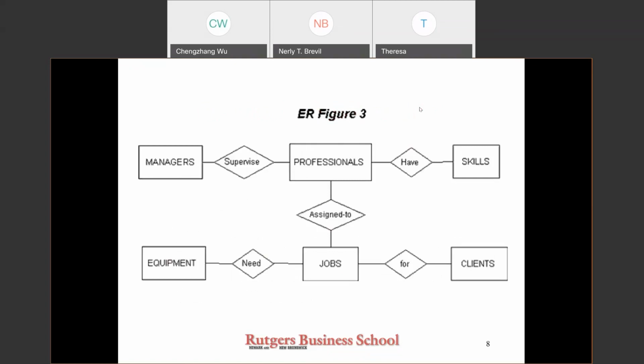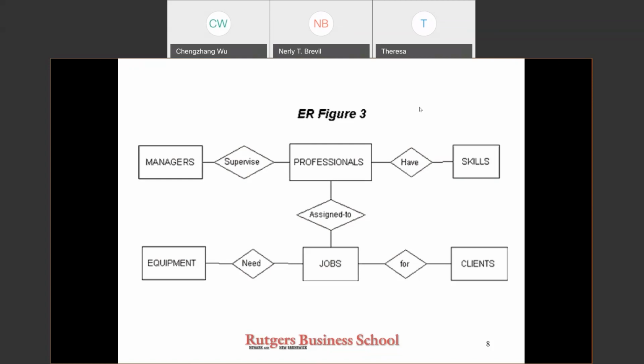And now let's expand this example business scenario further. The analyst determines three more things to be recorded. 1. Jobs are performed for clients. 2. Professionals are assigned to jobs. And 3.